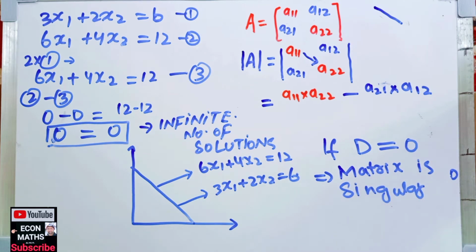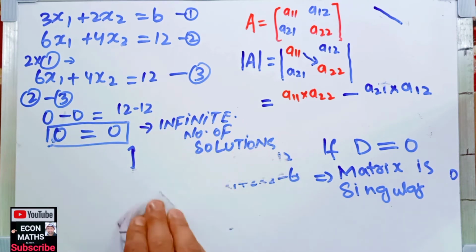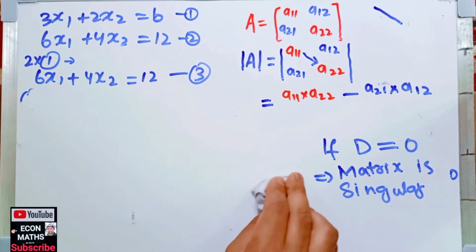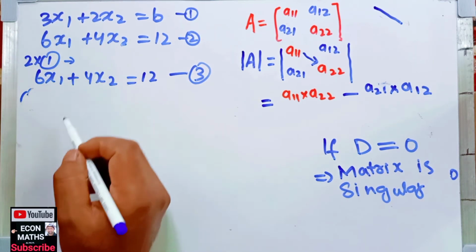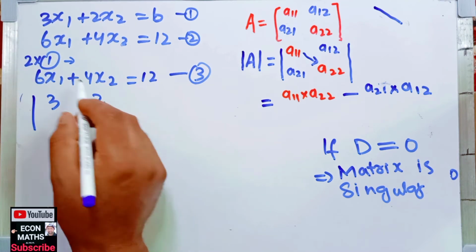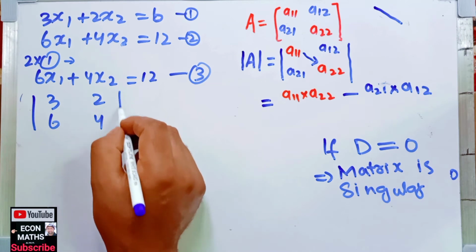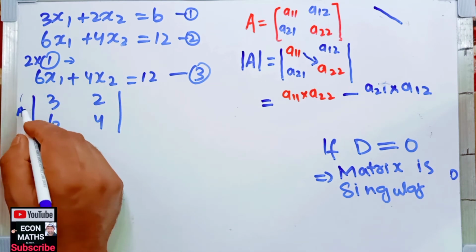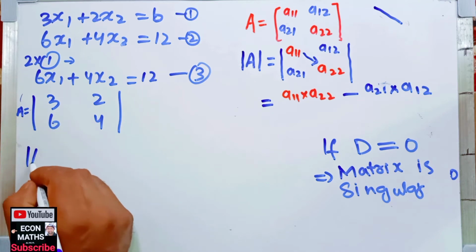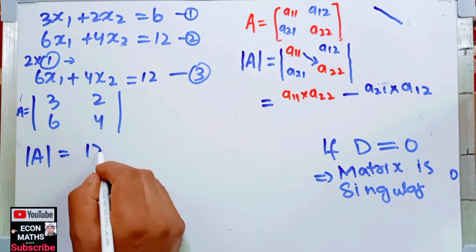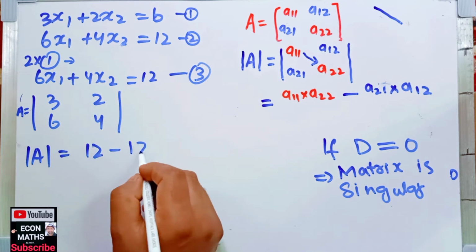Now we can see here also, if I depict this coefficient matrix here. So first I will erase this. If I take the coefficient matrix here, that is 3, 2, 6, 4. Let us say this is the coefficient matrix A. Now the determinant of this is 3 into 4, 3 4s are 12, minus 6 2s are 12.